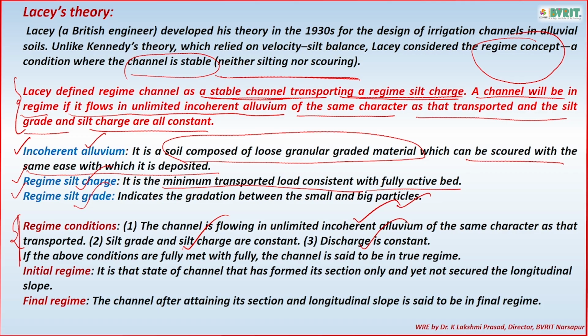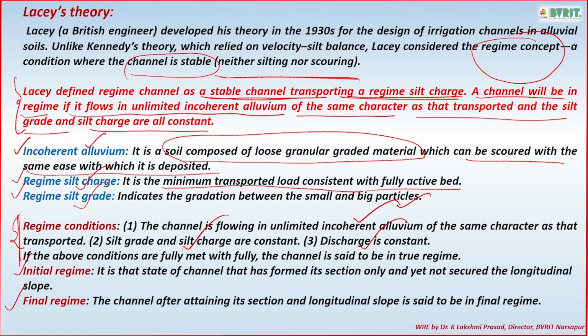Then will it attain true regime immediately the moment water flows in the canal? Does the canal attain true regime immediately? No. First it attains the initial regime and then the final regime. What is the difference between initial regime and final regime? Initial regime means the channel shape is formed, but the slope is not yet finalized.